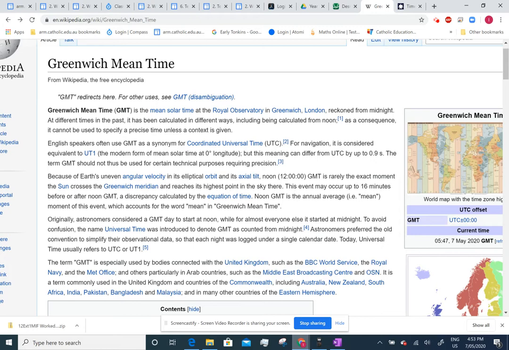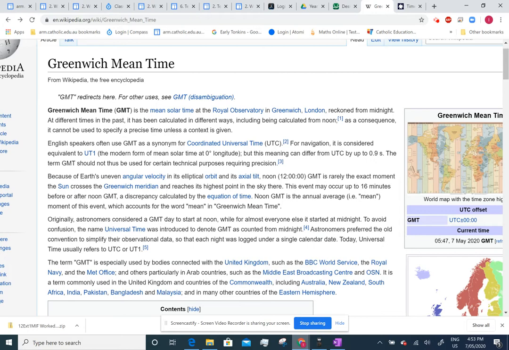Sometimes we talk about Greenwich Mean Time, GMT, but we also use Coordinated Universal Time. And Coordinated Universal Time is a standard time around the world, and it's based on the time zone of Greenwich.